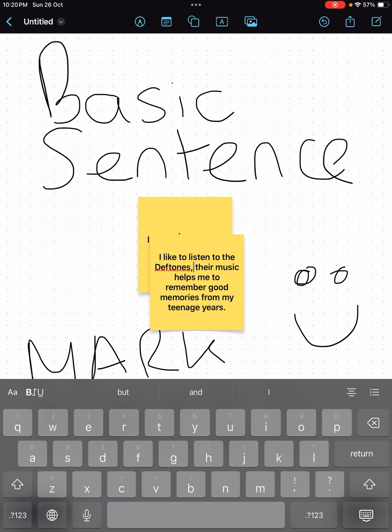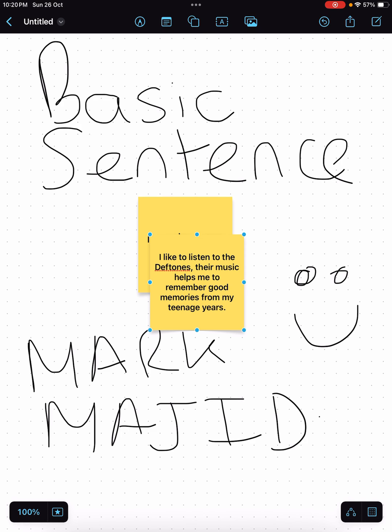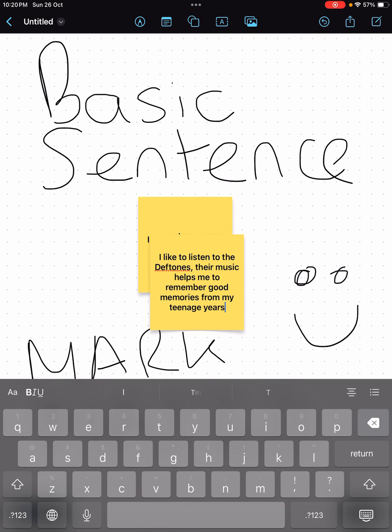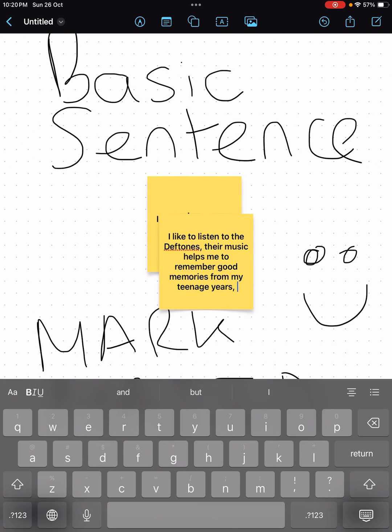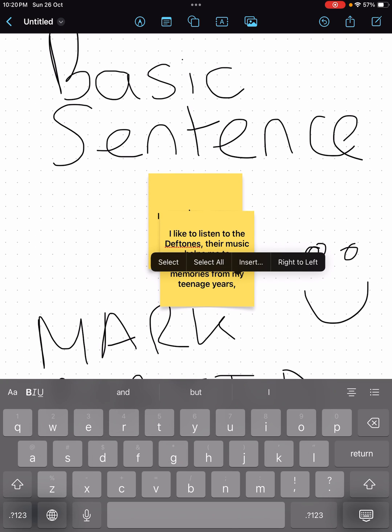A complex sentence is made up from one independent clause, which here is I like to listen to the Deftones, and one dependent clause, their music helps me to remember good memories from my teenage years. But we need to turn it into a complex sentence because then it will allow me to explain why I thought it'd be necessary to start talking about why I like the Deftones. So what can I say here?